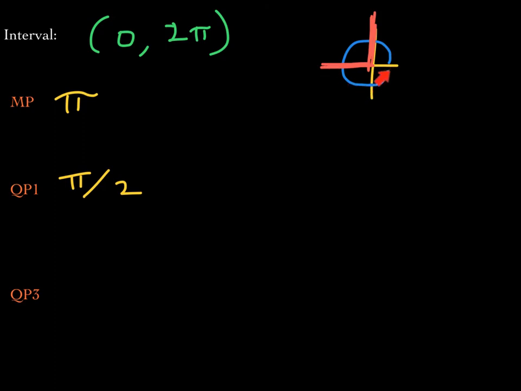And what's right in the middle between here is 3 pi over 2, which is right there. So 3 pi over 2 is your third quarter point. Again, you can do half of the sum of the endpoints of that interval like we have been, and you will have found the same quarter points and the same midpoint.